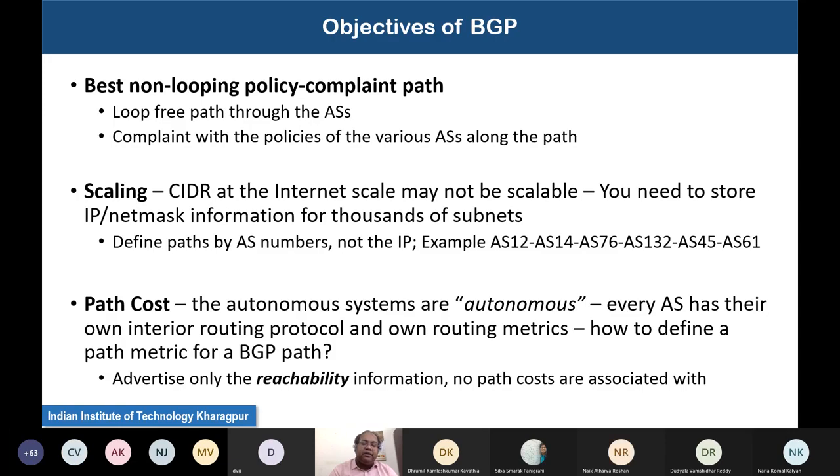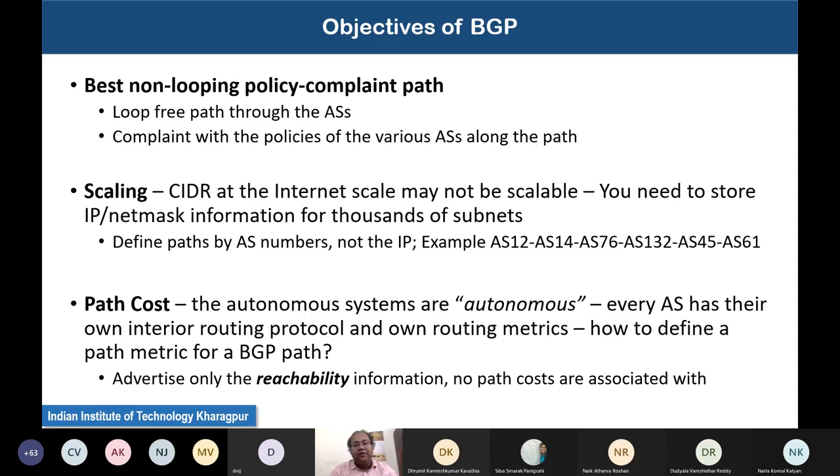So if you just want to implement based on CIDR, then you need to store IP netmask information for millions of such subnets. Rather than doing that, what BGP does is define the path based on the AS number, not the IP. Okay. So BGP just follows a sequence of ASes, like AS12, AS14, AS76, AS132, AS45, AS61.